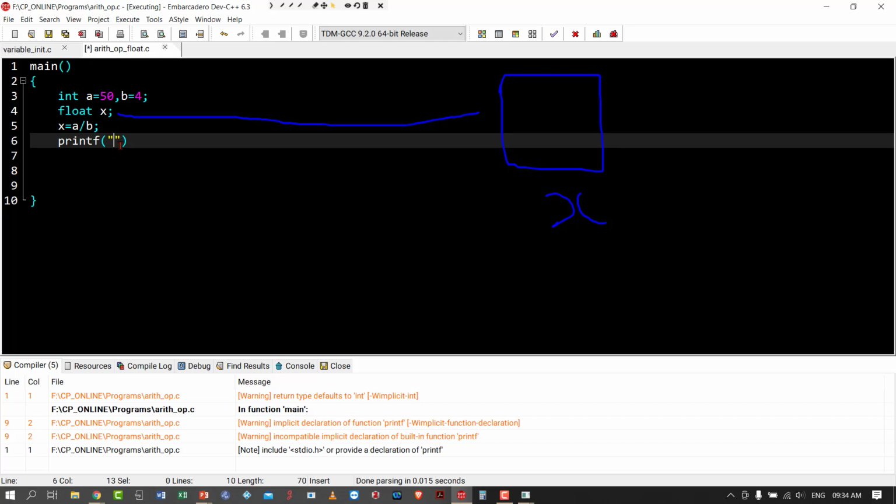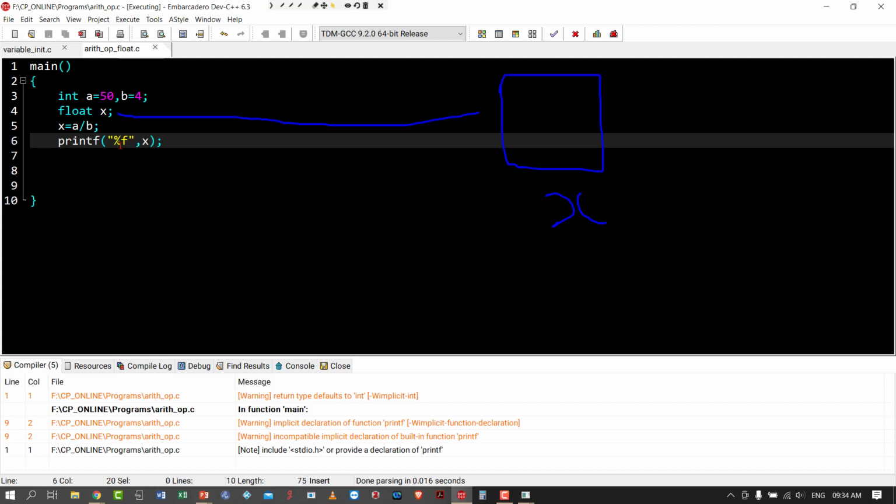So whether I want to use percentage d, if it is float, I have to use percentage f. Percentage f. Then what will I write? Comma x. Okay.